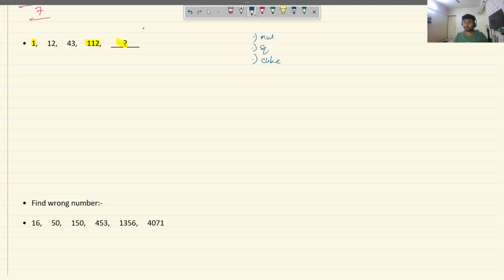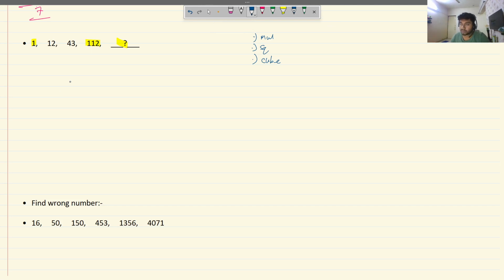It can be either in the number or in the consecutive difference. So I do not feel by looking at these numbers they are near to our perfect square or cubes.